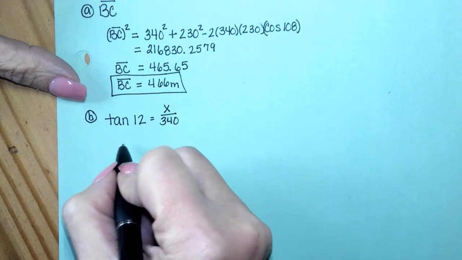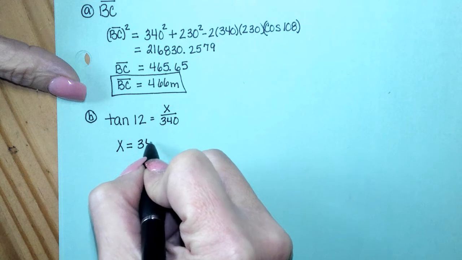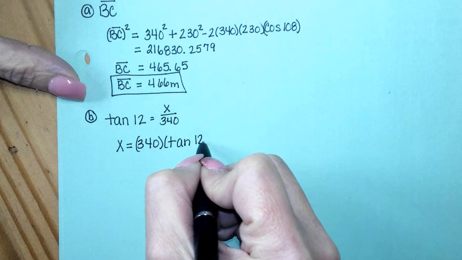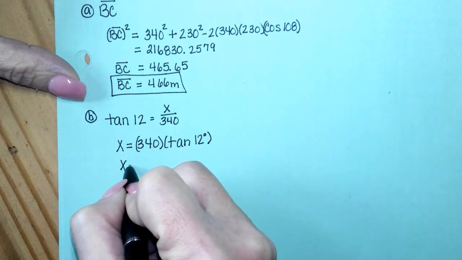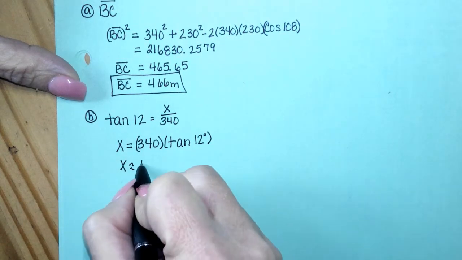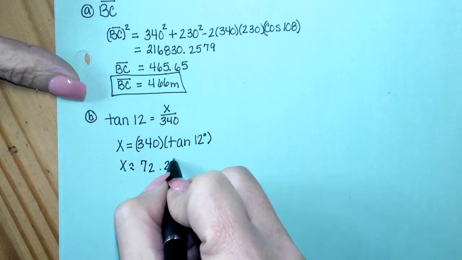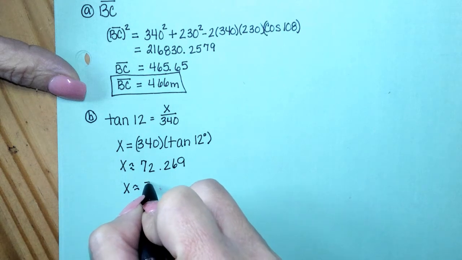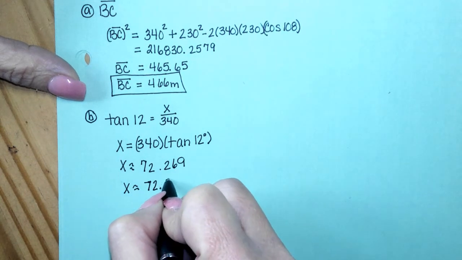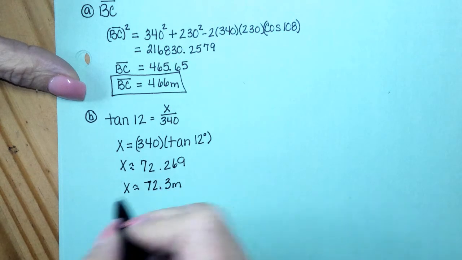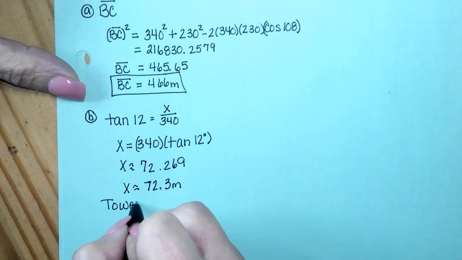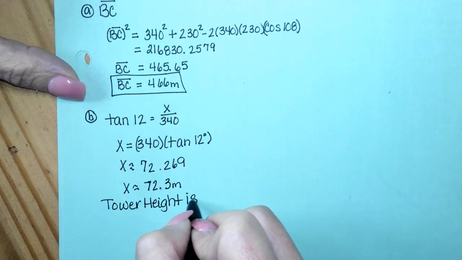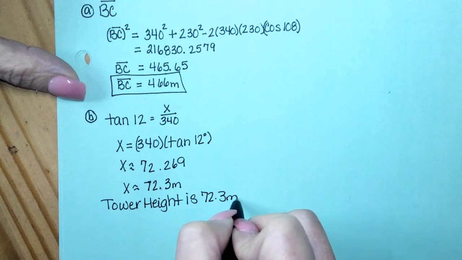So x would be 340 times the tangent of 12 degrees. So x is about 72.269, so x is 72.3 meters. So the tower height is 72.3 meters.